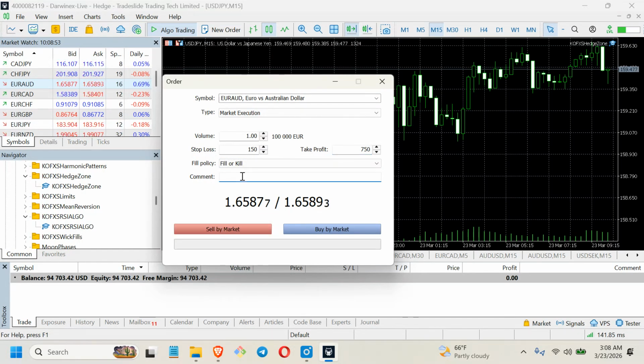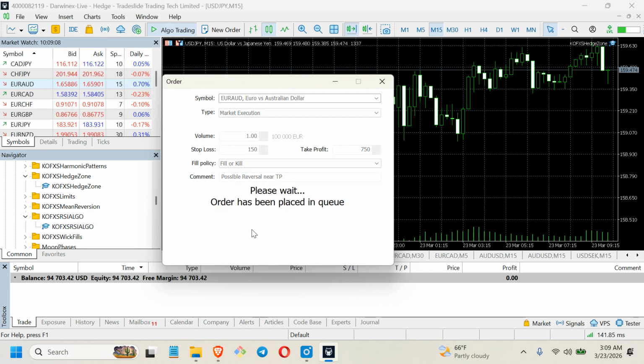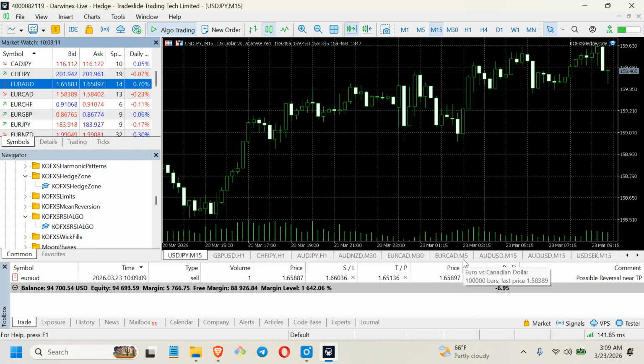What did I say? Not the break. It would be possible versus near TP. Possible reversal near TP.